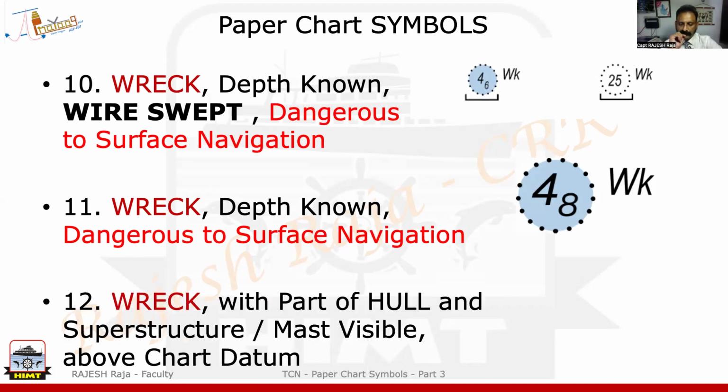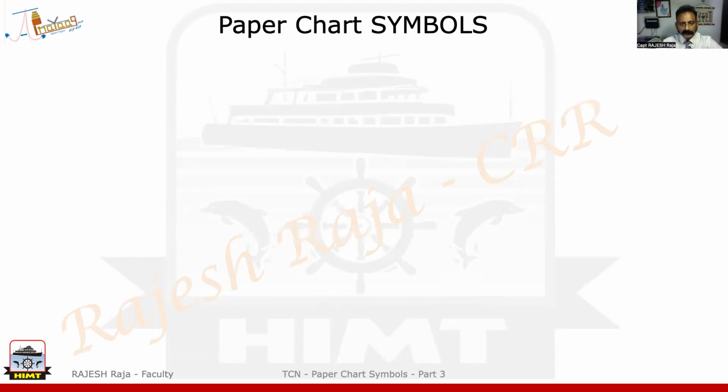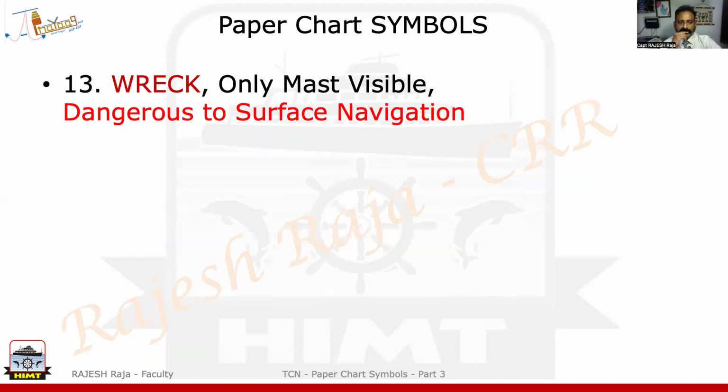A wreck for which part of the hull is visible and the superstructure also, maybe the mast also above chart datum. So you might see this symbol for it. Let us look at a wreck where only the mast is visible and is still considered dangerous. Why? Because the hull might be just inside. So this is one of the very popular symbols used in your chart.